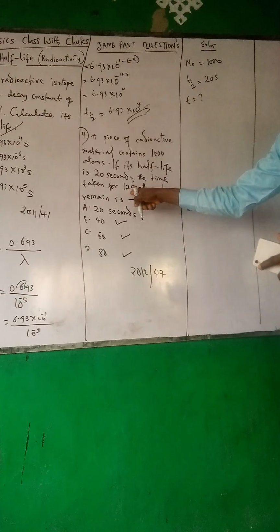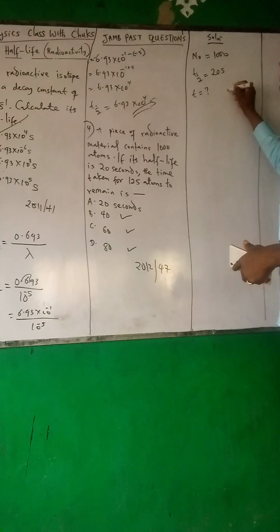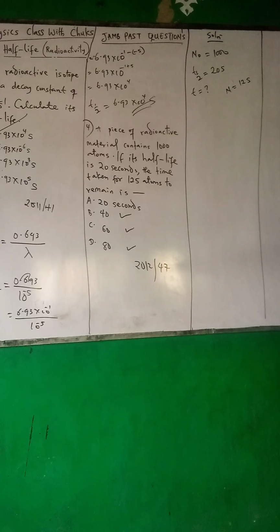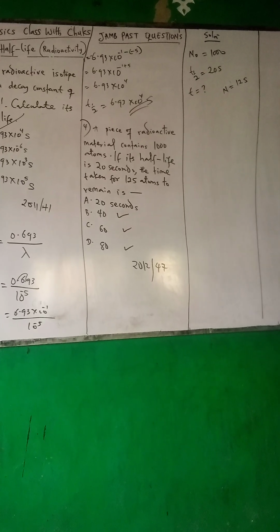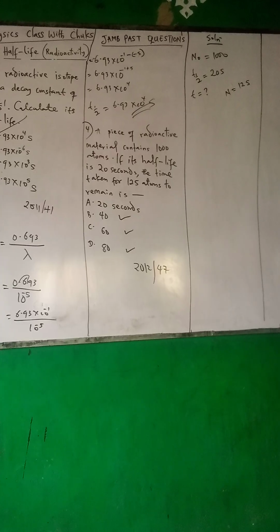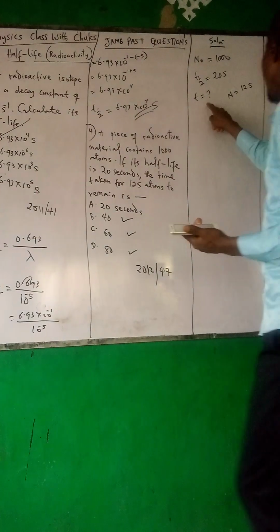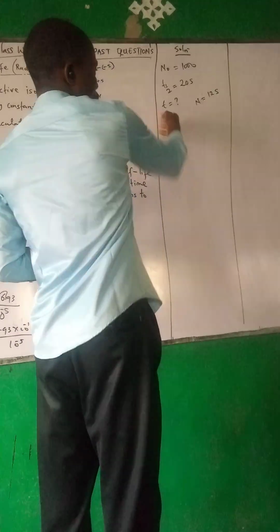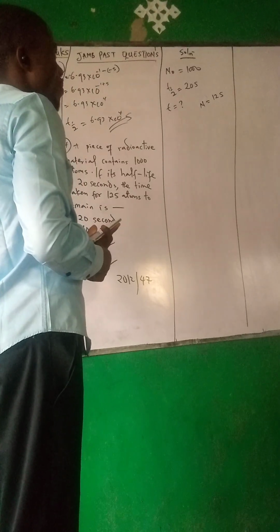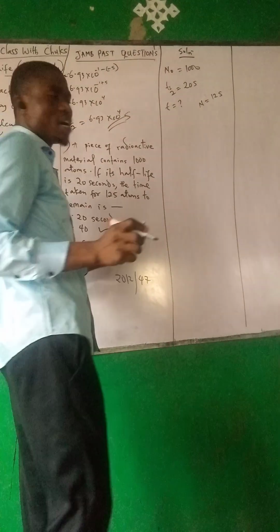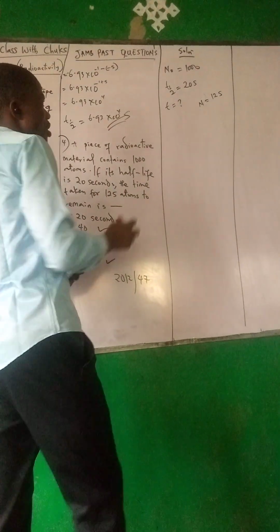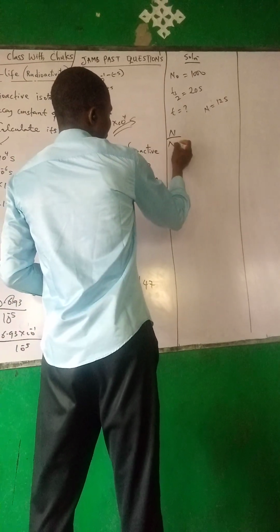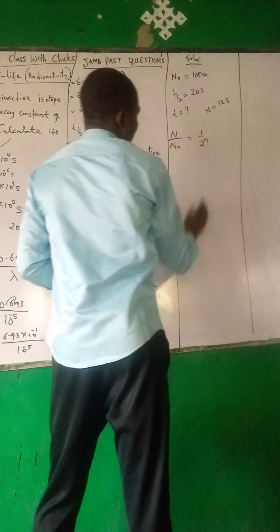The amount to remain is given, which is capital N equal to 125. So now we are looking for this particular one. For you to get this, you have to get the number of half-life, and that can be gotten using this formula: the amount remaining over the initial amount is equal to 1 over 2 power n.